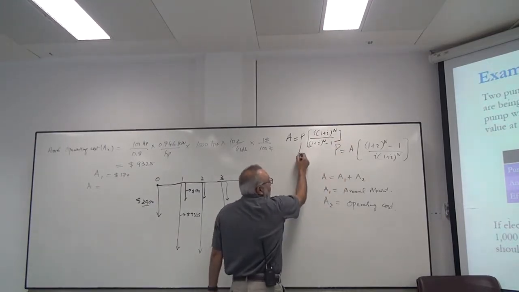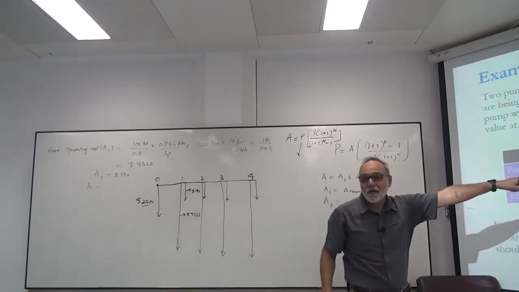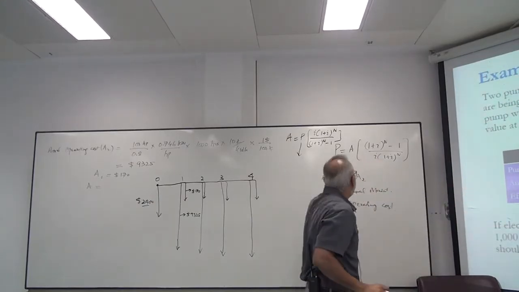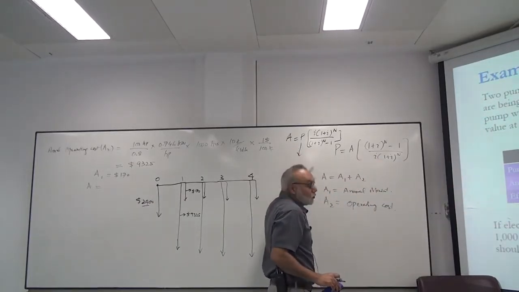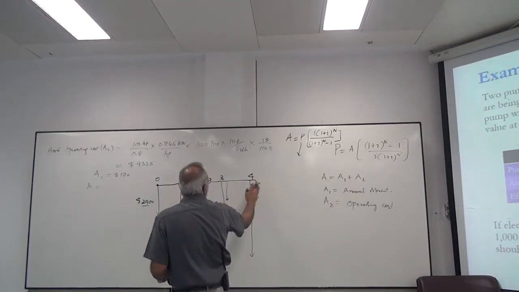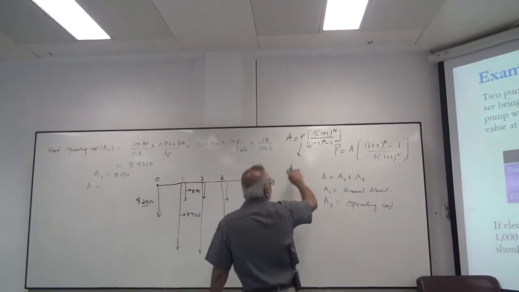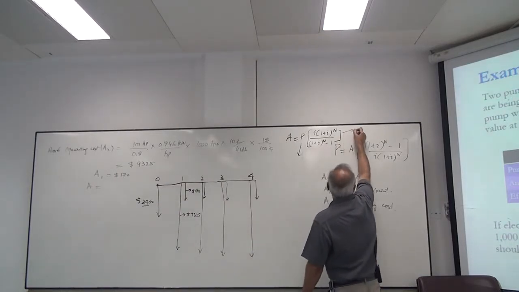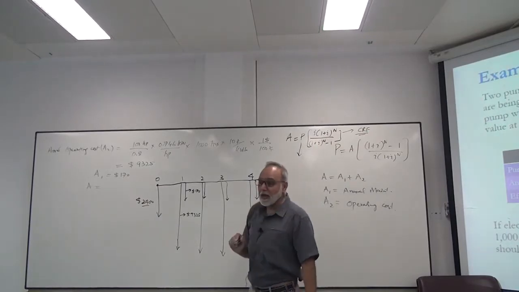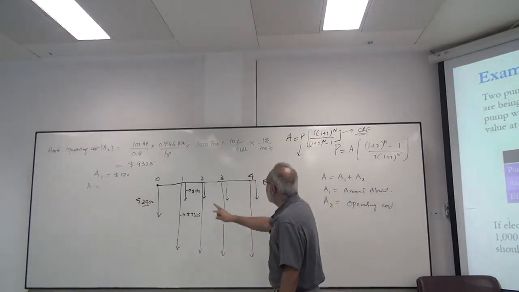Now P here is 2900, and this will become annualized over 4 years. When you multiply the present value with this factor, called the capital recovery factor, it will be annualized for 4 years.